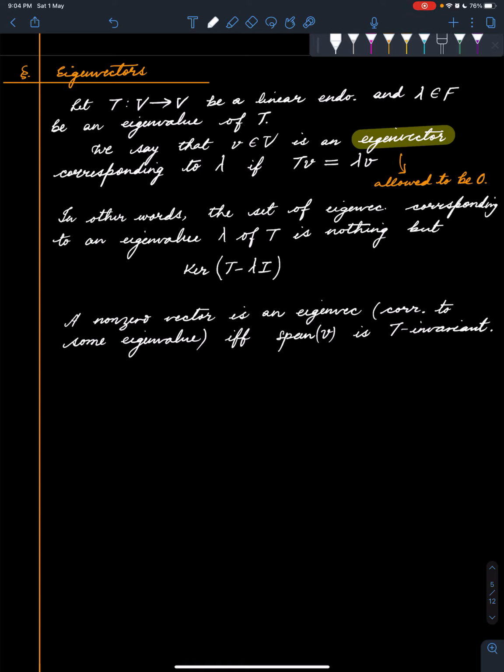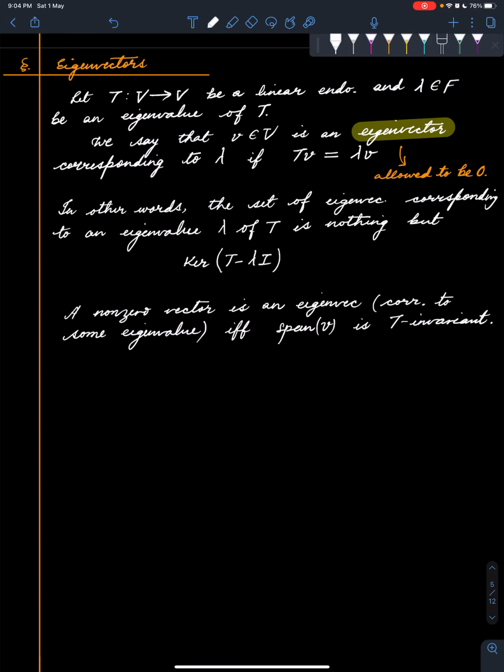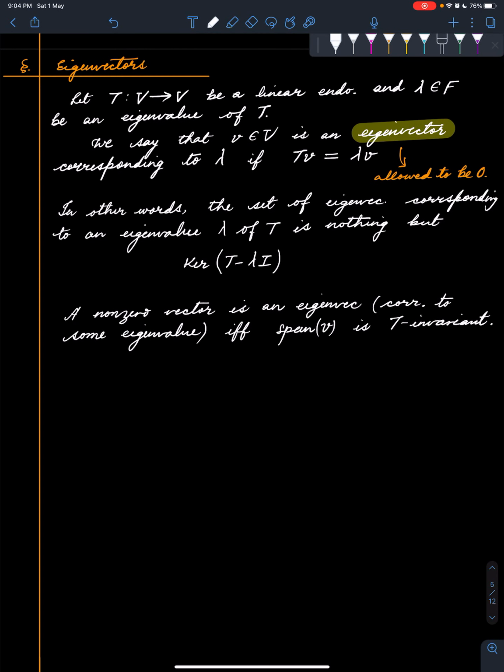So if you have a one-dimensional invariant subspace, just pick any non-zero vector in that and you have found an eigenvector. In fact, you can pick any vector; the zero vector is also an eigenvector in that case. But I would like to emphasize this only for non-zero vectors. So the notion of a one-dimensional invariant subspace is very tightly linked to the notion of eigenvalues.